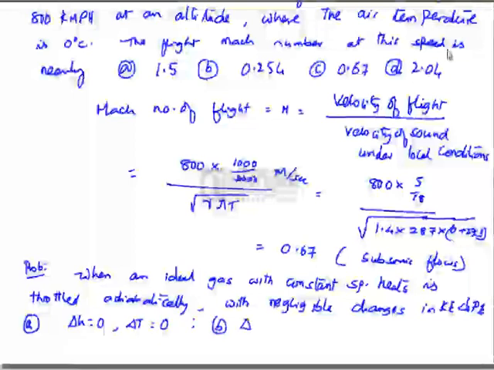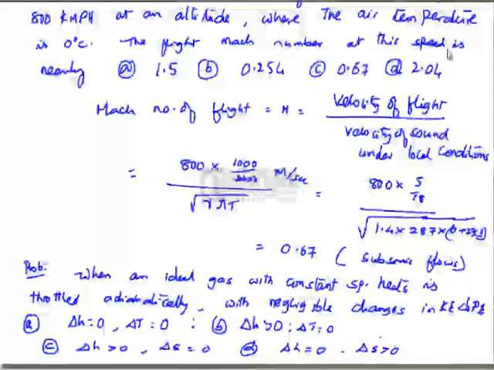B, delta H is greater than 0, delta T is equal to 0. C, delta H is greater than 0, comma, delta S is equal to 0. D, delta H is equal to 0 and delta S is greater than 0?